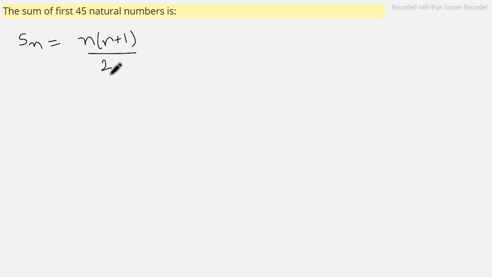So this is the formula which we'll be using. So here n is 45, 45 into 46 by 2. So this will go 23. So 45 into 23.